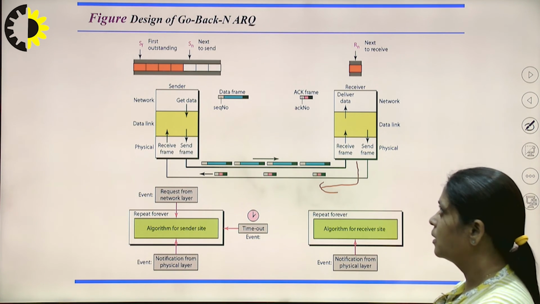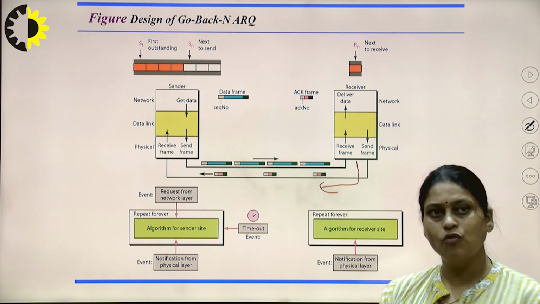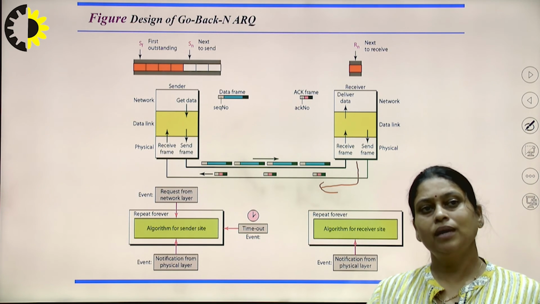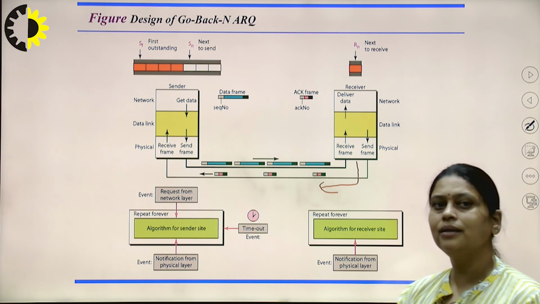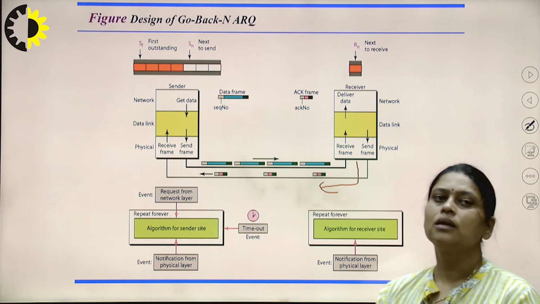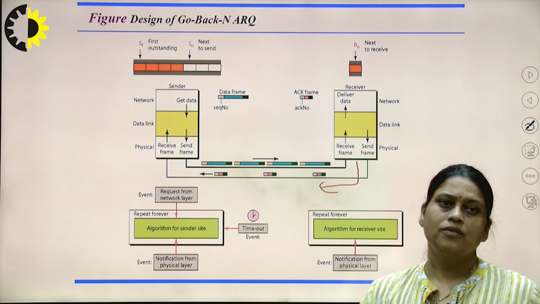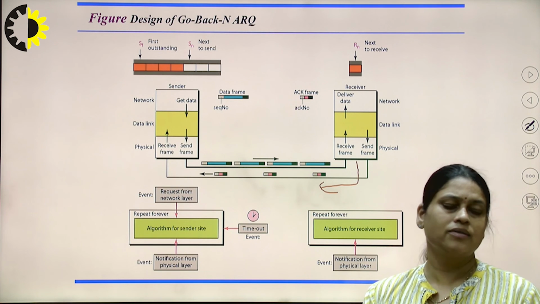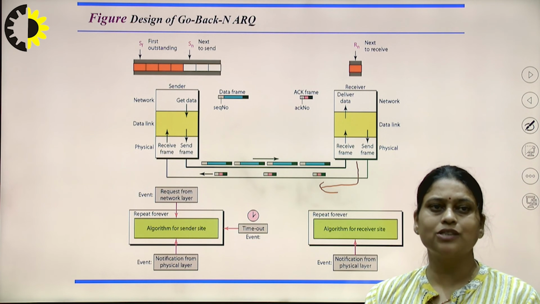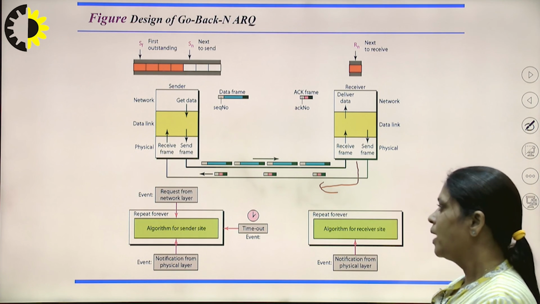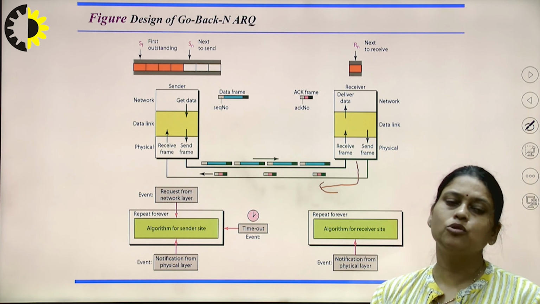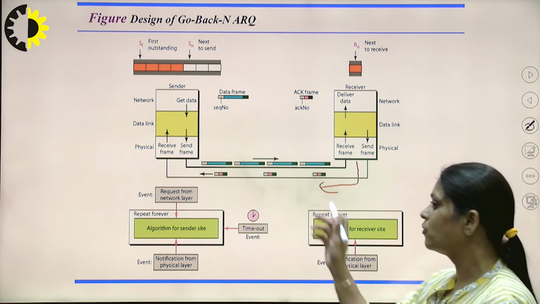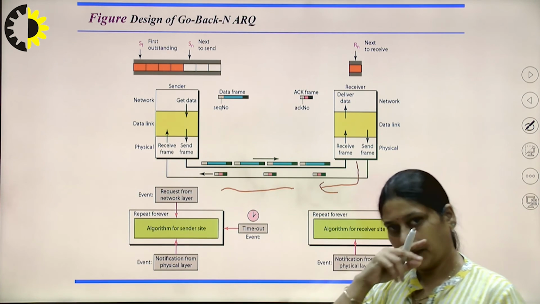In the case of Go-Back-N ARQ, we make a sliding window. We send a total number of frames equal to the size of the sliding window, and the sliding window slides automatically when we receive the acknowledgement of the frames.